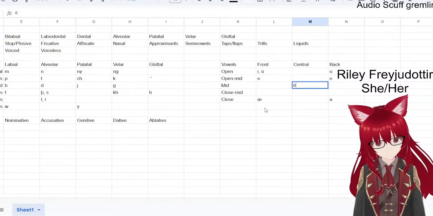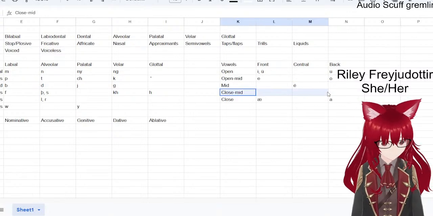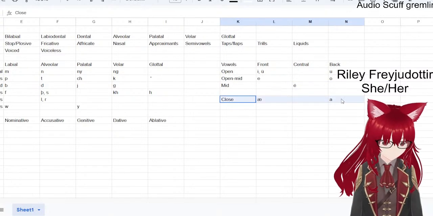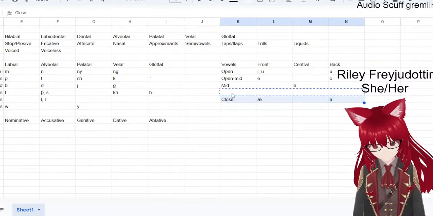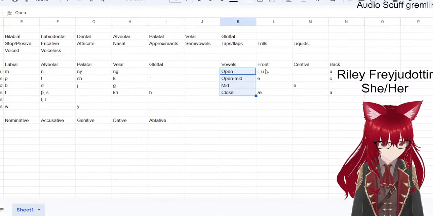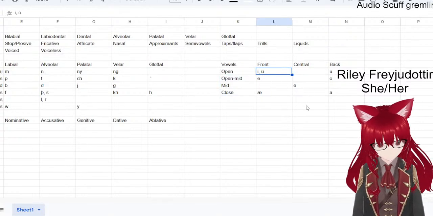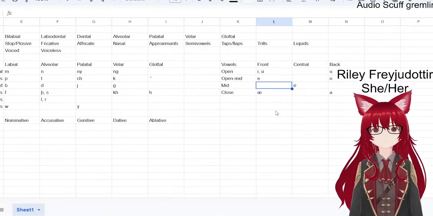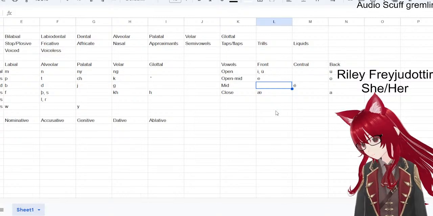We're actually going to take the close-mid section out in this. So you can see, now we have eight, right? We have an eight vowel system, which is relatively normal.